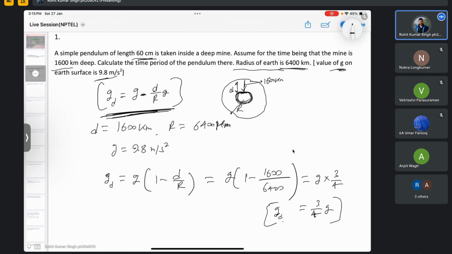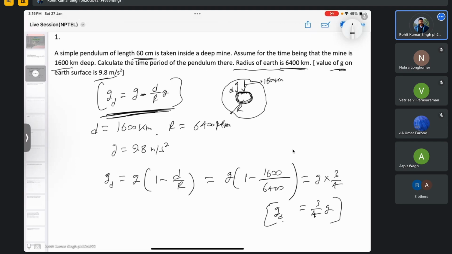As you can see, the radius of the Earth that you encounter at that depth is small. So the mass of the Earth above that depth will not affect the acceleration due to gravity, will not affect you basically. So intuitively you can think about it like this.